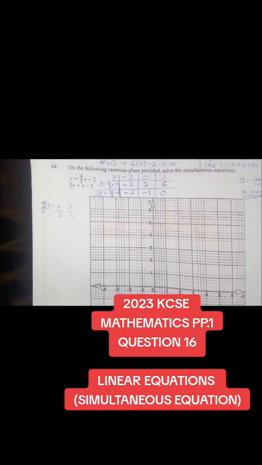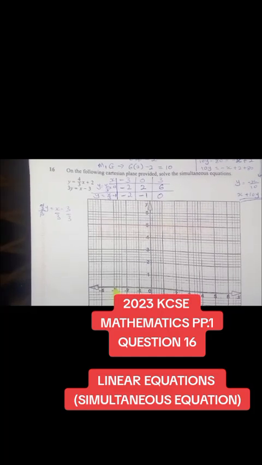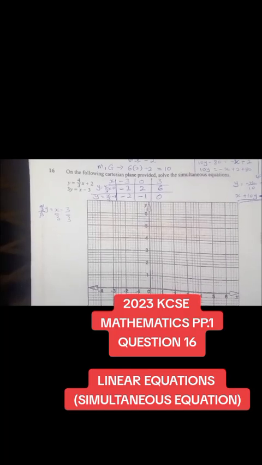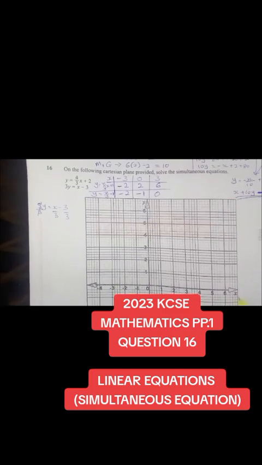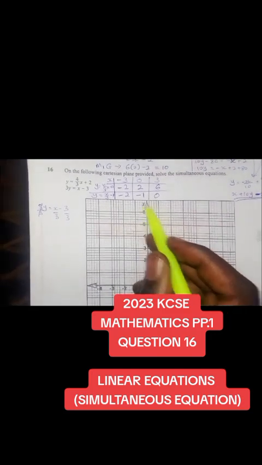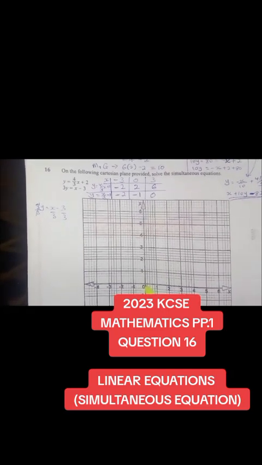I'm going to start with the first equation. So if x is negative 3, then y is negative 2. So they're talking about this point. X is negative 3 because it's the x-axis, and this is the y-axis. Then if x is 0, then y is 2 here.